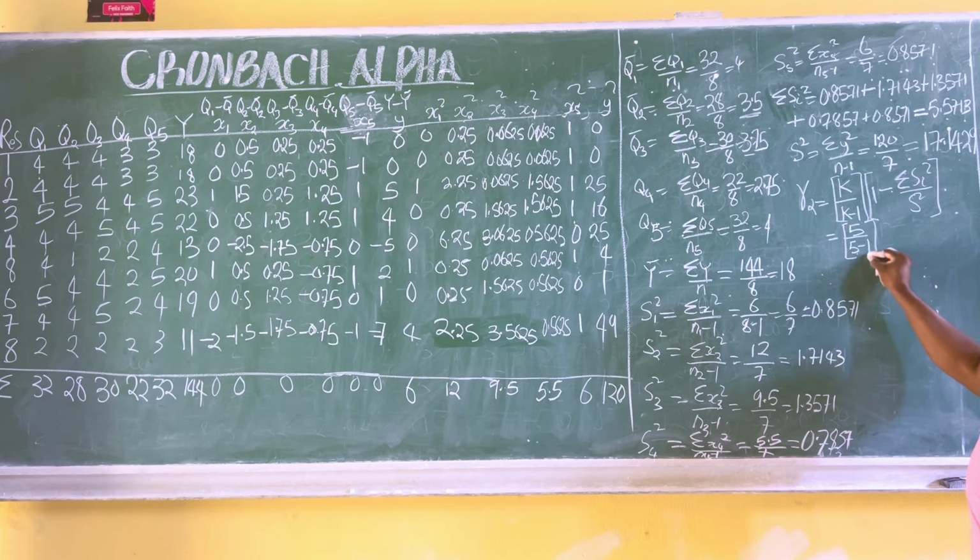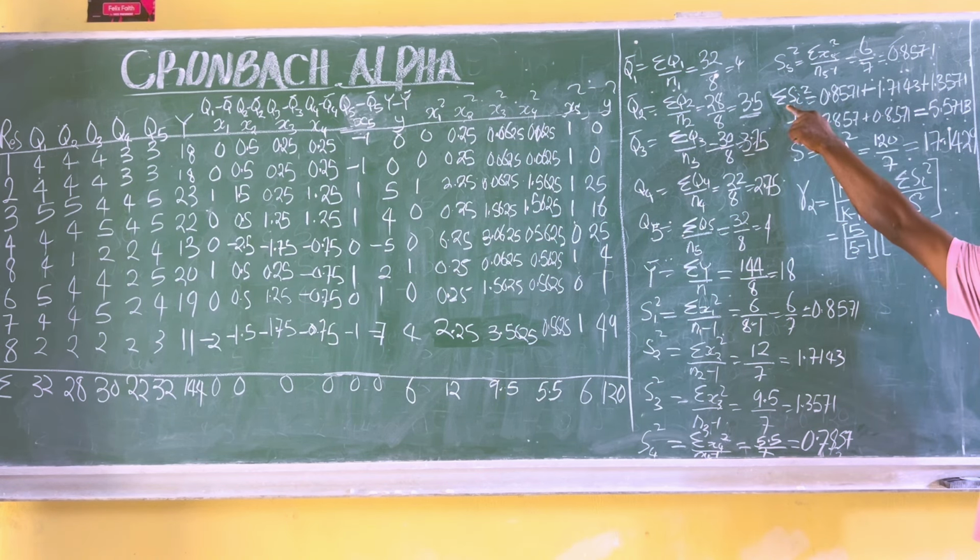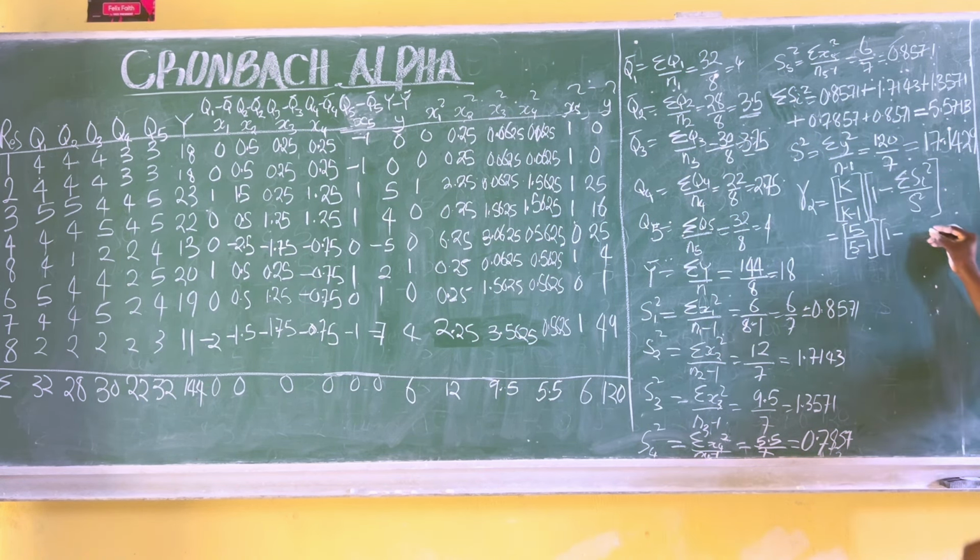So, which means that our k will be 5 all over k minus 1 will be 5 minus 1. All of that times 1 minus summation of SI square. We already have the summation of our SI square as 5.5713 all over our S square, which is the variance of the sum of items. We have it as 17.1429. So this will be equal to 5 all over 5 minus 1 is 4.